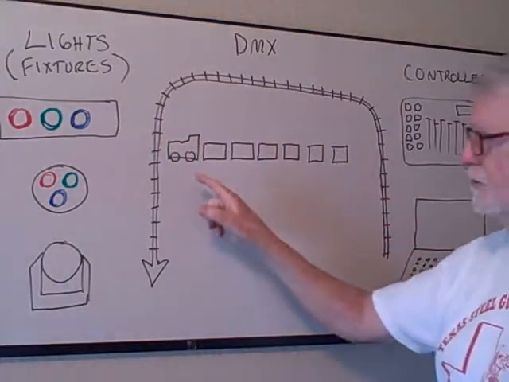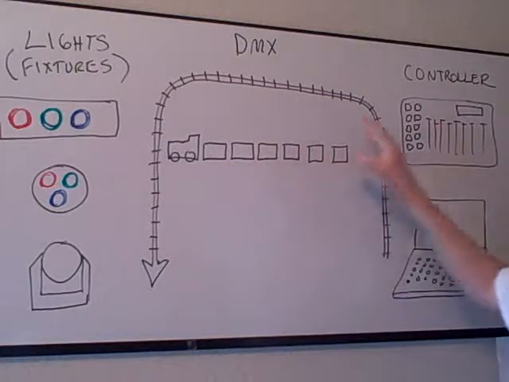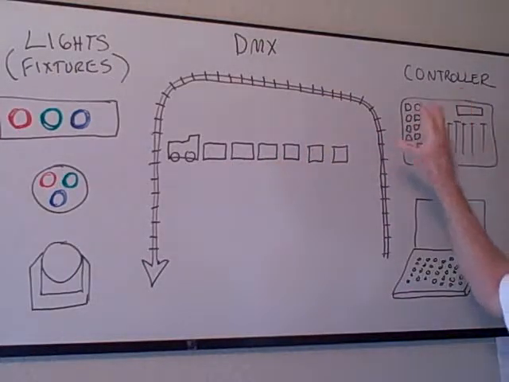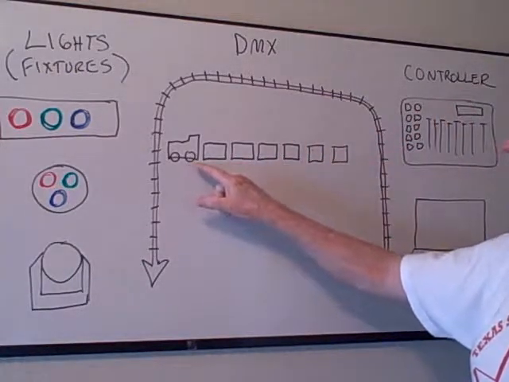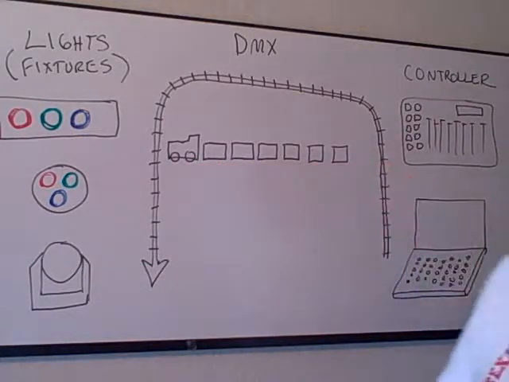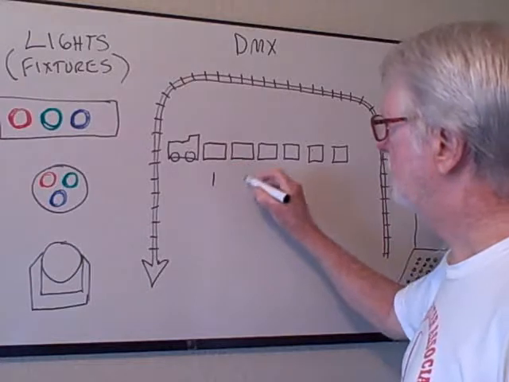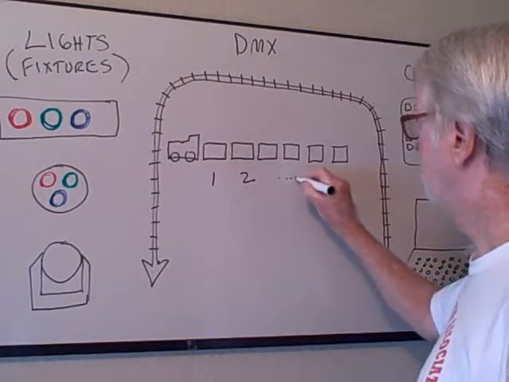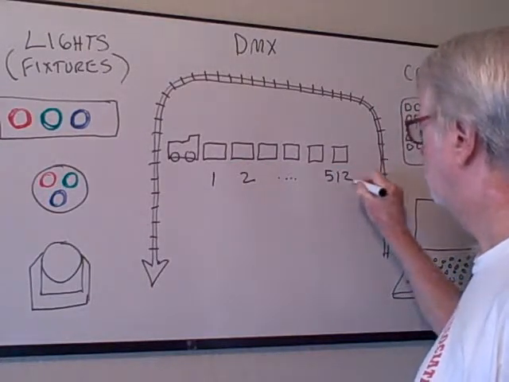I'd like you to think of this as being a train. The job of the controller is to generate one of these trains, a DMX train. And the DMX train has 512 cars in the back of it. So it has car number 1, car number 2, up to car number 512.